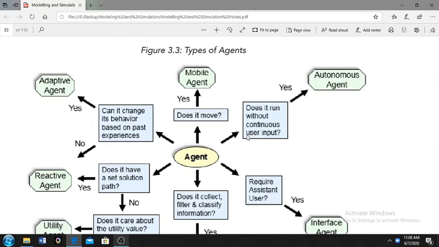Like us human beings, we are autonomous because there's no one pushing us to do something. We make our own decisions, and then we adapt. So we don't want instruction. We don't want input from other agents. So they are autonomous.